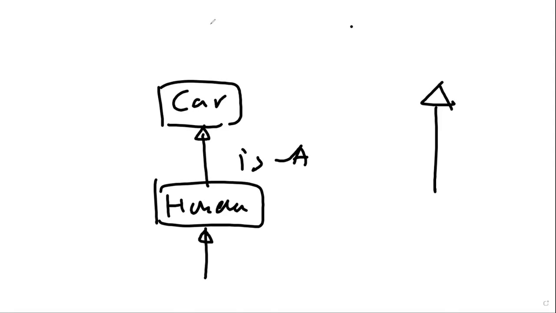And then Civic is one kind of Honda car. Civic is one kind of Honda car, and Honda car is one kind of car. Okay, let me check the chat. Is there some question? Now these are the is-A and has-A relationships.